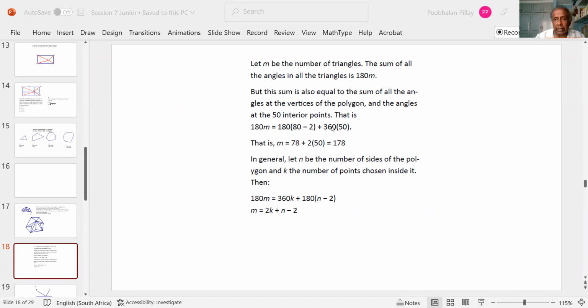So if you add up all the angles at those 50 points, you're going to get that. If you add up all the angles at the vertices, you're going to get that. And that is the same as adding up all the angles of M triangles. So you've got a very nice equation here. If you divide by 180 right throughout, you will simplify and the problem is solved, because then you have 178 such triangles.